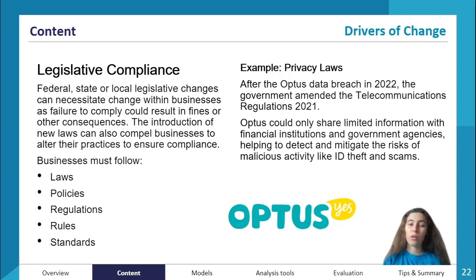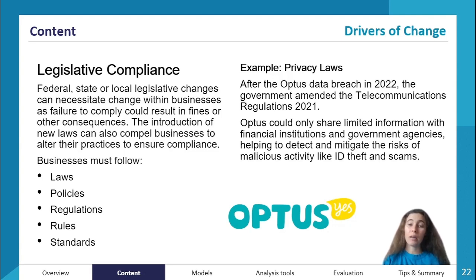So, new laws can also compel businesses to make sure they're altering their practices to comply. Laws, policies, regulations, rules, and standards are all words that we can use in this instance to describe things that businesses need to stay on top of.